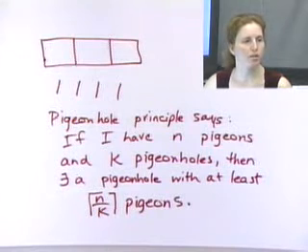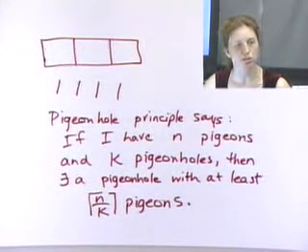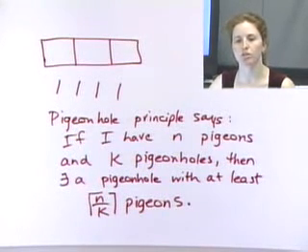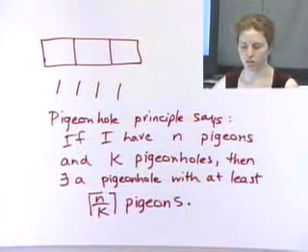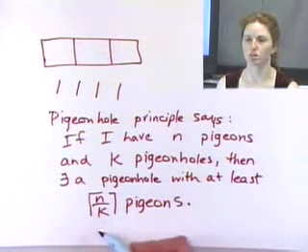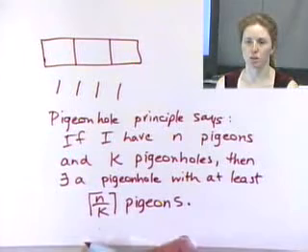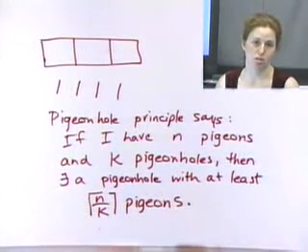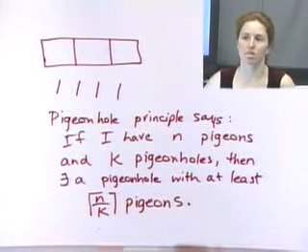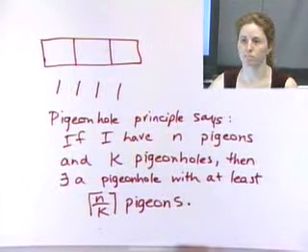So in this problem, I had 4 pigeons and 3 holes. Since I have more pigeons than holes, there's definitely 2 in one of the holes. This is sort of the mathematical way to figure out that that's 2. Since n is bigger than k, there's at least 2 in one of the holes. Because I have to distribute all n of them, and I don't have n boxes to put them in.